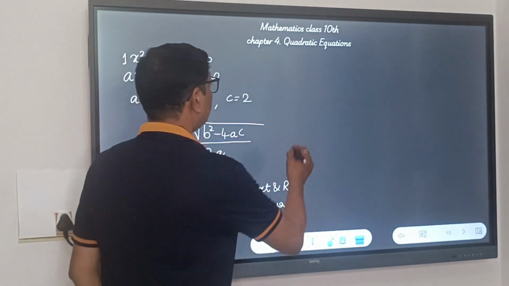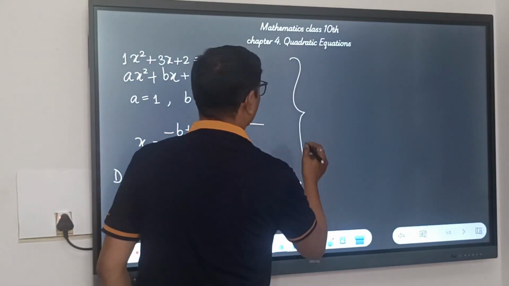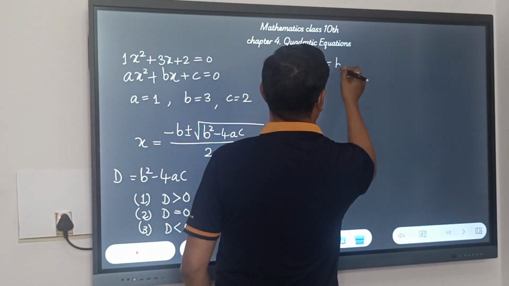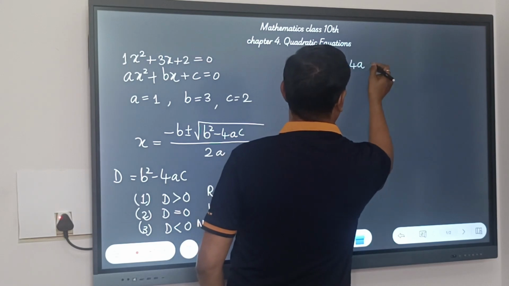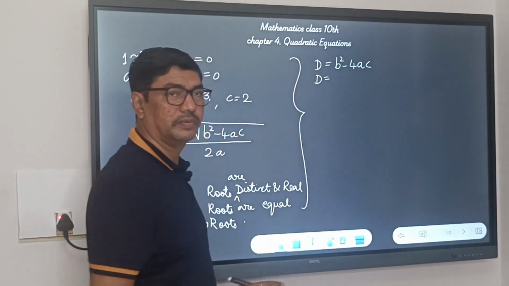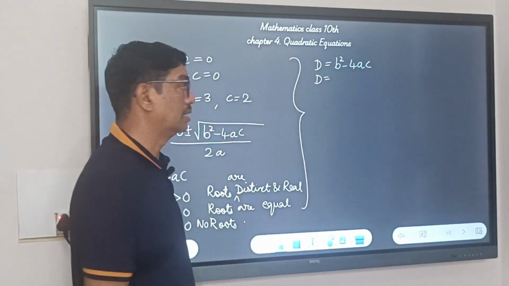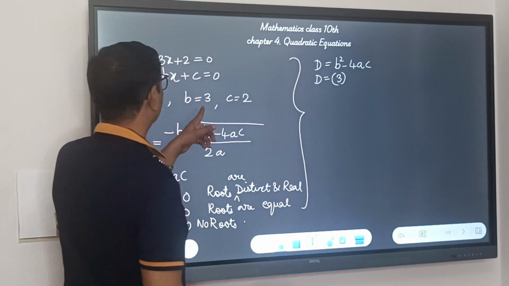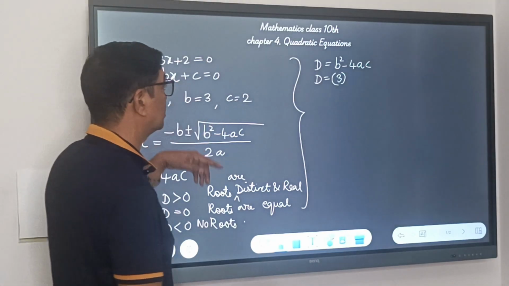Now first you find out for this given equation, d is equal to how much? B square minus 4ac. So d is equal to, in place of b, whenever you are replacing, you put brackets. So in place of b you put 3. You can see here, comparing with the coefficient of x, b is equal to 3.